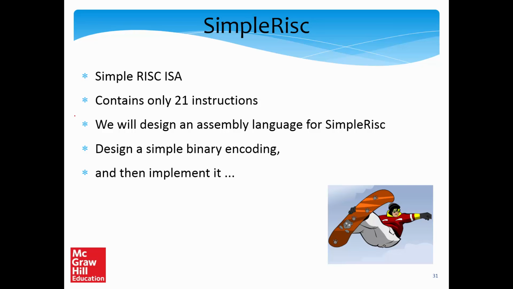So we'll design an assembly language called SimpleRisc, and then we'll design a simple binary encoding for it, which means to convert instructions into a sequence of zeros and ones. And then in the processor chapter, we'll create a processor to actually implement the SimpleRisc instruction set.